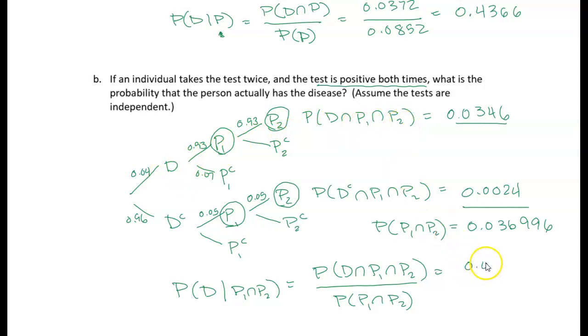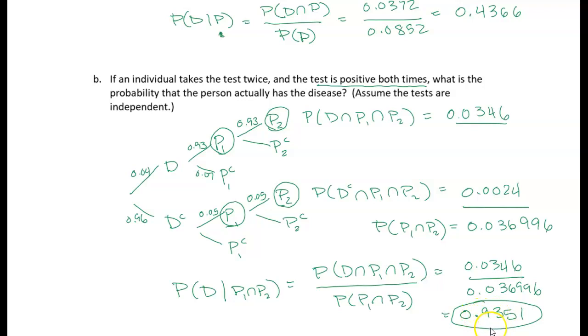So 0.0346 divided by the total probability of testing positive twice, 0.036996. I put that in my calculator, and now it tells me 0.9351. So if I test positive twice, now I have a 93% chance of actually having the disease.